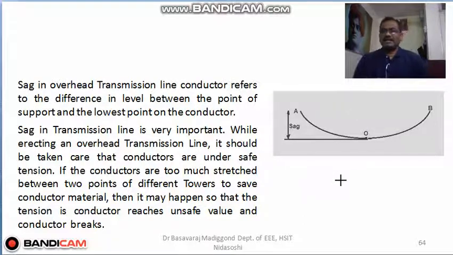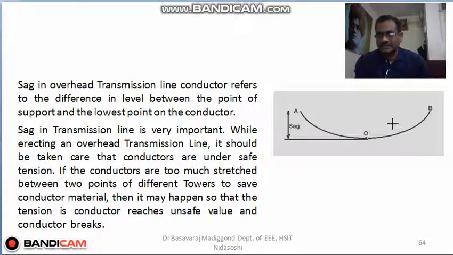Sag in the overhead transmission line refers to the difference in levels between the point of support and the lowest point on the conductor, like this. This is the point of support and this is the lowest point on the conductor.